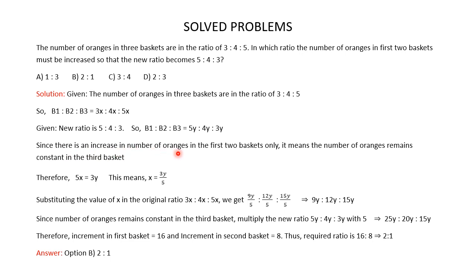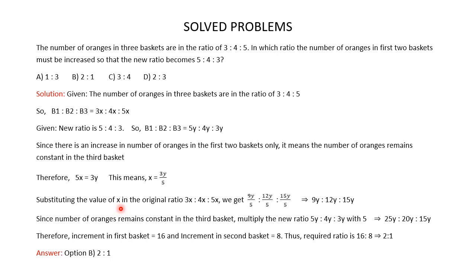Since there's an increase in the number of oranges in the first 2 baskets only, it means that the number of oranges remains constant in the third basket. So 5x will be equal to 3y. So if 5x is equal to 3y, this means x is equal to 3y by 5.